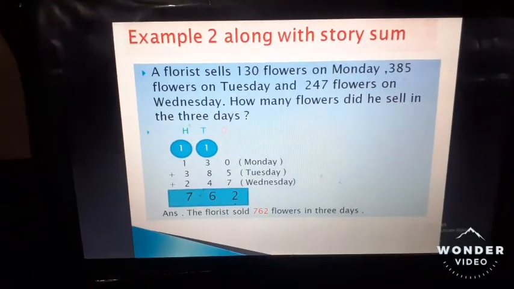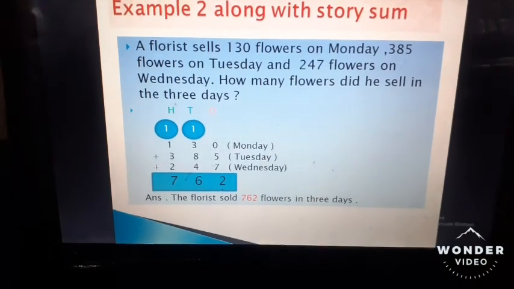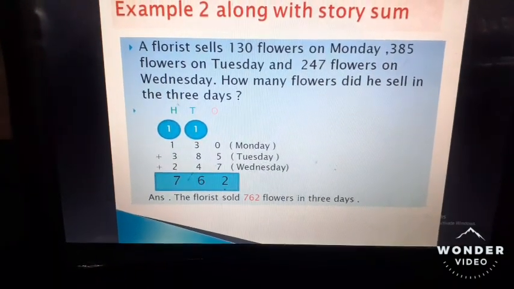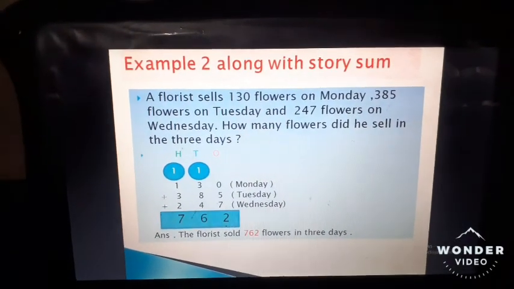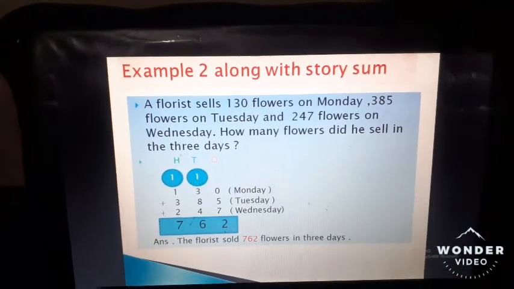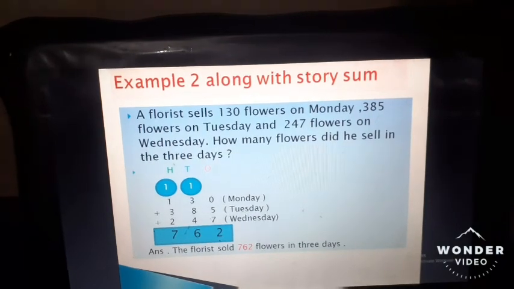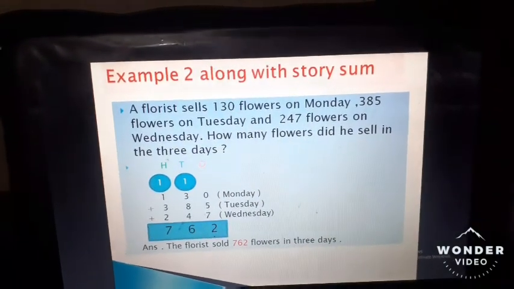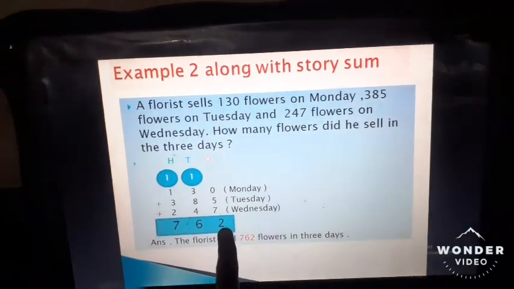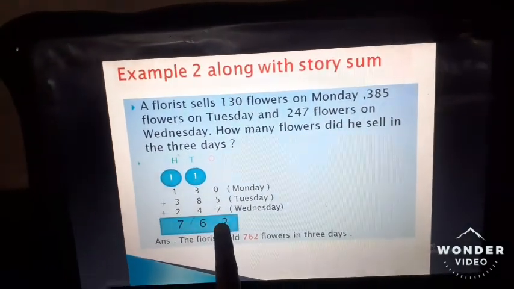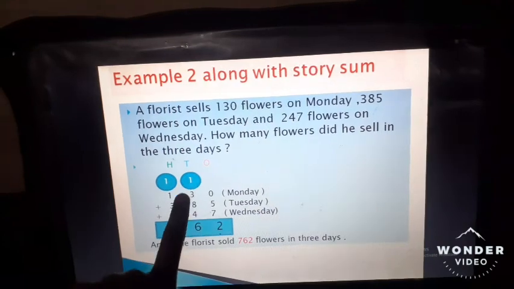So students, 5 plus 7, 5 will be in my mind. For 7, I will open 7 fingers. I have to count on these 7 fingers after 5, that is 6, 7, 8, 9, 10, 11 and 12. So my answer is 5 plus 7, 12. I will write the 2 of 12 here. 1 will be carry over.